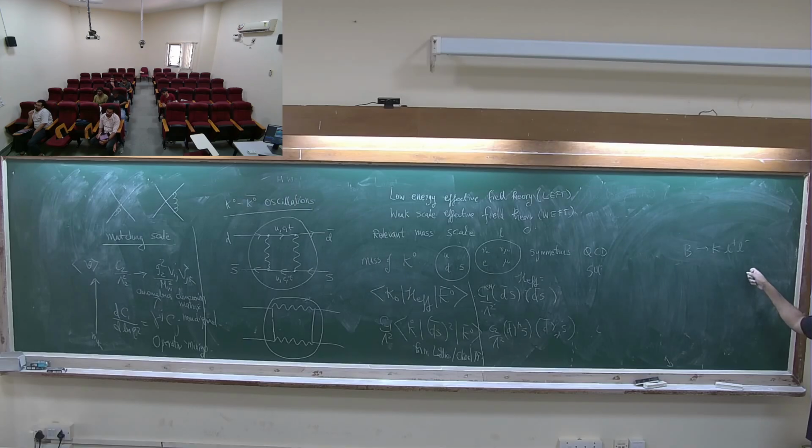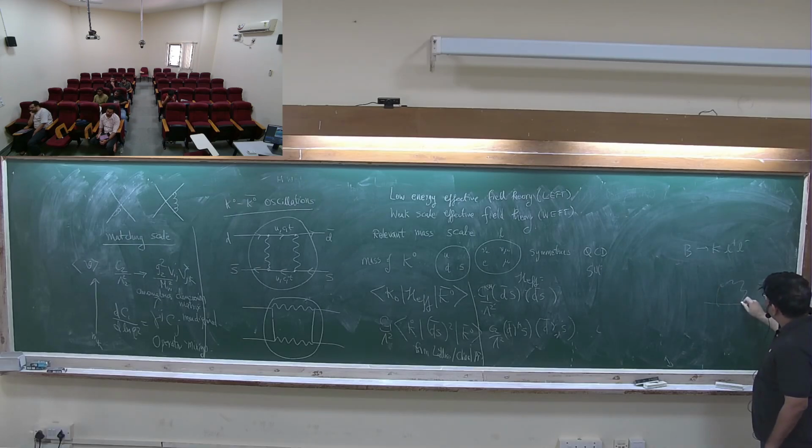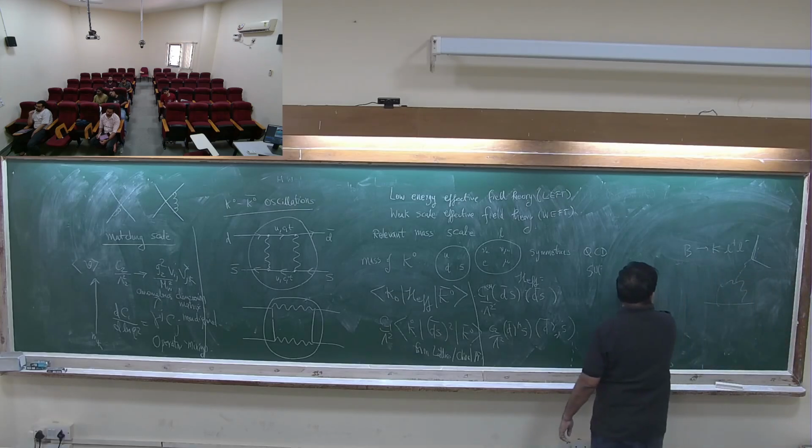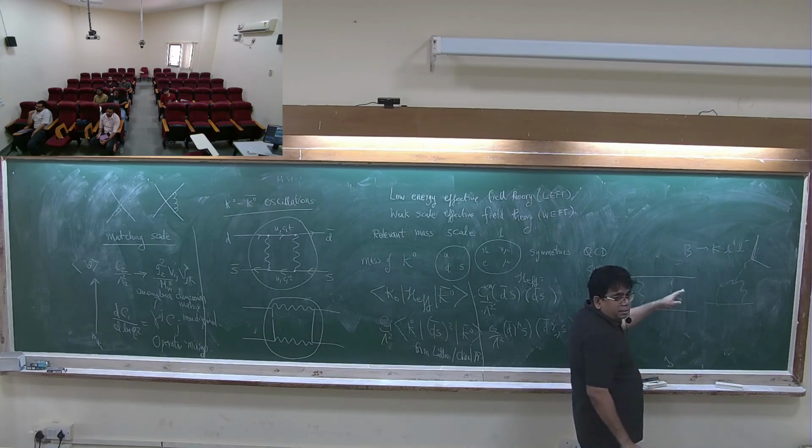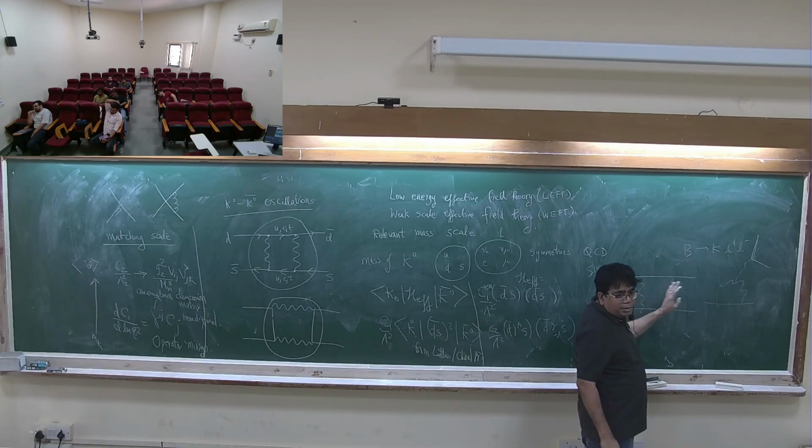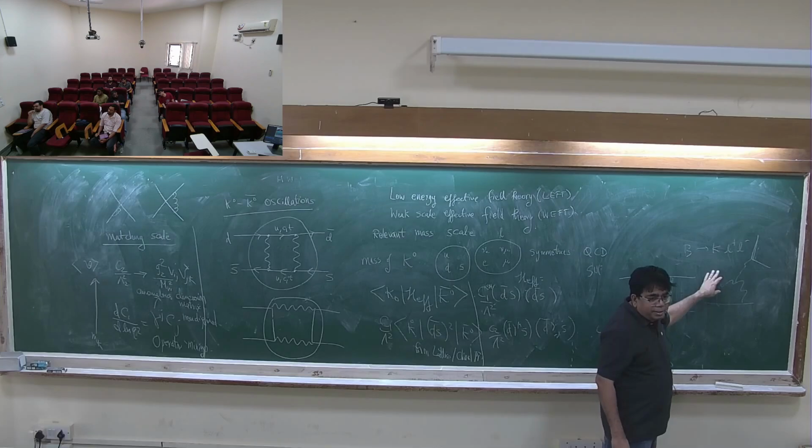Here, when you have a penguin, you also contribute to the final state. So you'll have a diagram like this. This is one possibility, and the same thing can also happen with this, something like this. Okay, so because you have two sets of diagrams, things are much more complicated. Essentially, here you have boxes, you have penguins, and so on.